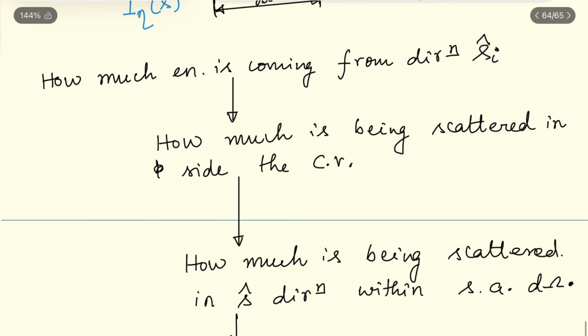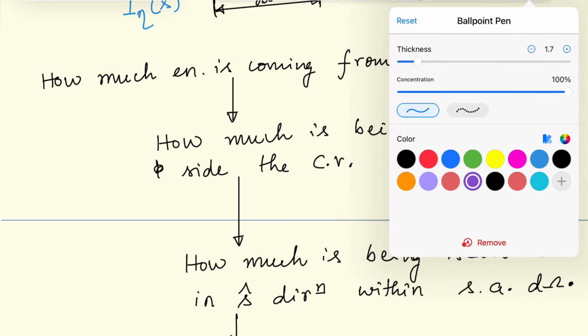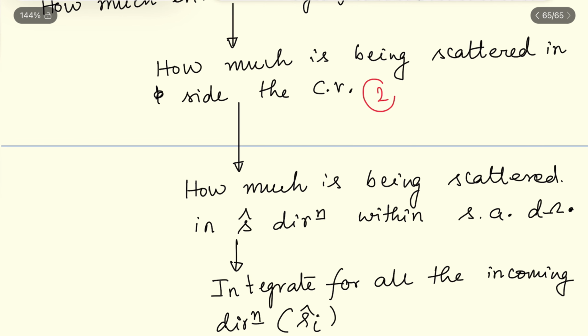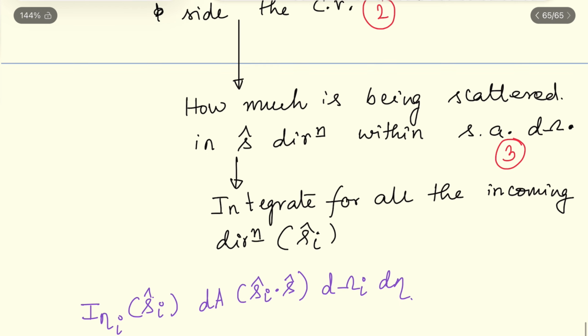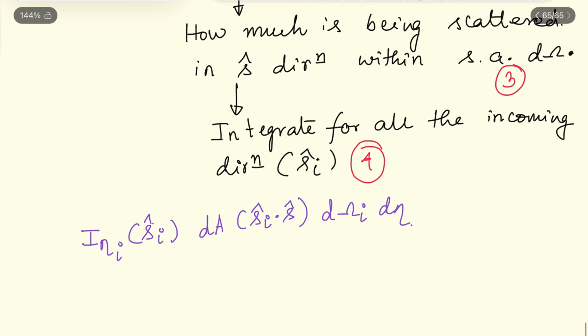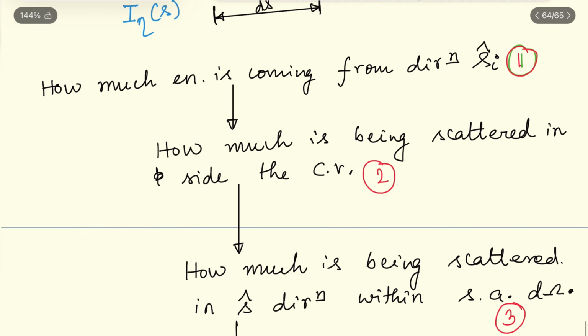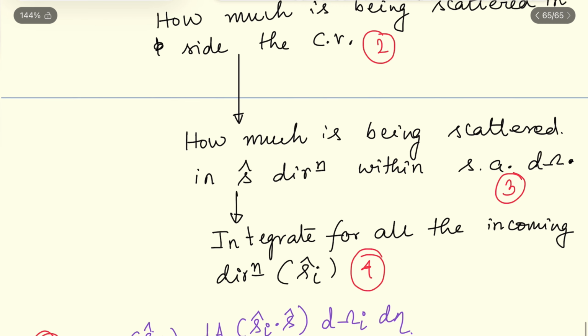If I just write this to save time, I think you are taking the notes also, so this is 1, this is 2, this is 3, this is 4. So this part is the 1. Now this is the total energy incoming. Now how much is being scattered in the CV?